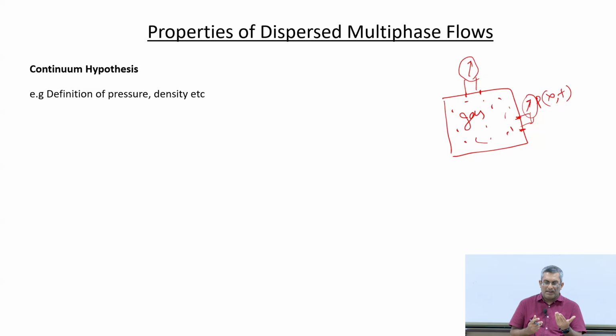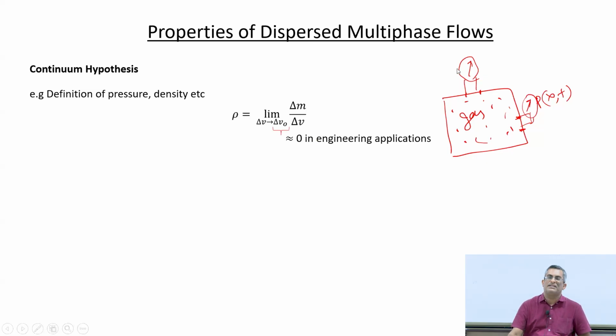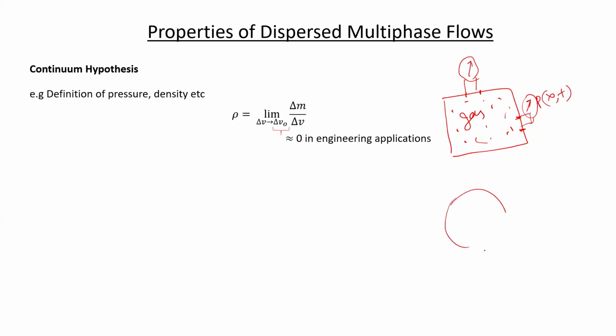The same goes with, for example, the definition of density. What is density? Mass of a material per unit volume. So again, if you consider some region in a fluid and you count how many molecules you have, and then you know the mass.